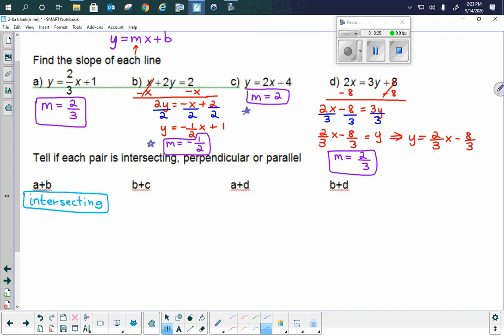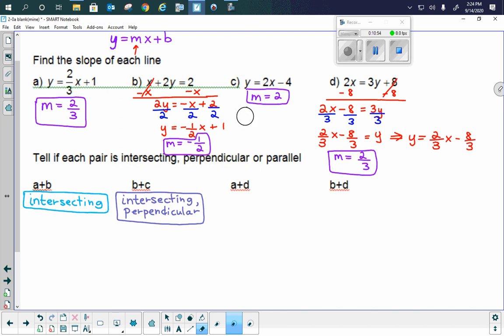That sounds like opposite and reciprocal to me, which means they are going to intersect each other, but they're going to intersect each other in a very specific way, and that is perpendicular. So you do need to say both things. You need to say that these are intersecting lines, and they are also perpendicular. Okay, so both.